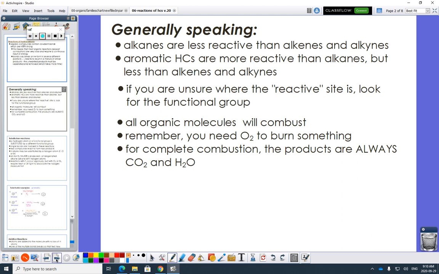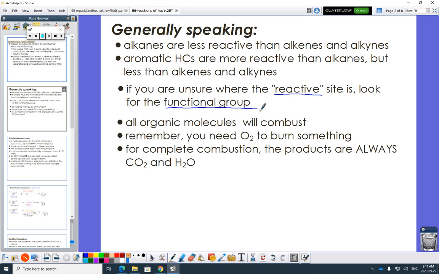When you are trying to decide where the reaction is going to happen, you're looking for the reactive site or where the functional group is, okay? So if there is a double bond, if there's an OH, when we do alcohols and ethers, if there's a C double bond O, that is going to be much more reactive than just the hydrocarbon chain, except of course when we do combustion.